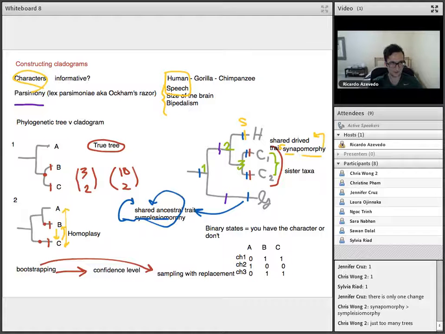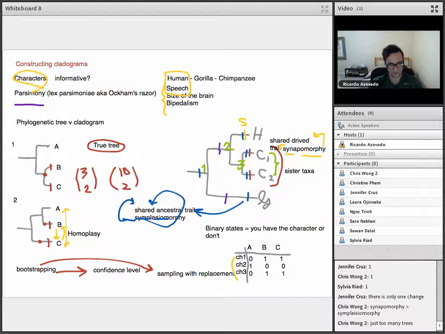So it is sampling with replacement. So what does it mean? What it means is that, let's draw a new tree.